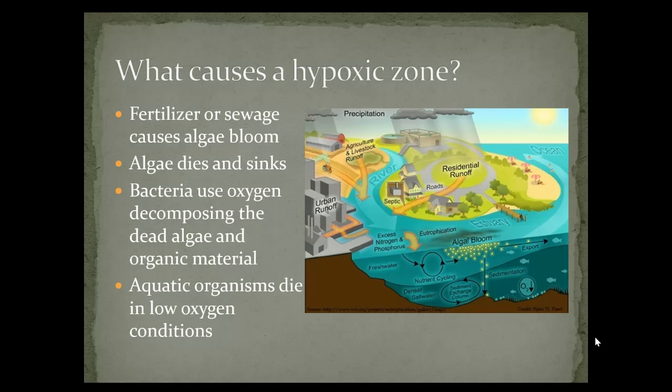And the low oxygen in the water can end up killing fish and crabs and shellfish. Sometimes fish can swim out of the hypoxic zone. But if the hypoxic zone is really large, it'll kill all the fish in the area, or most of them.